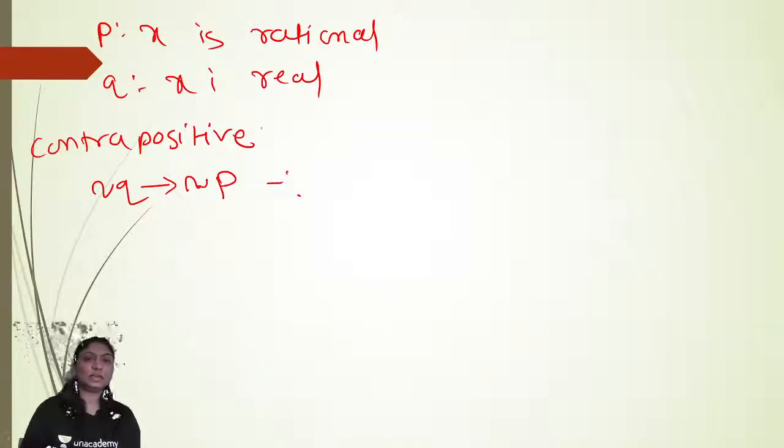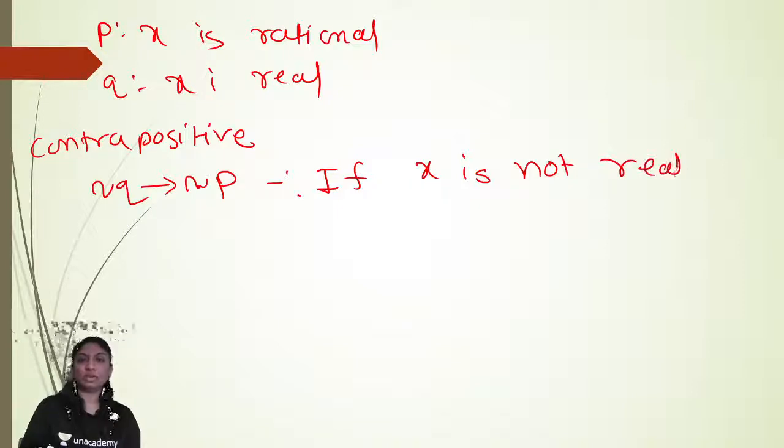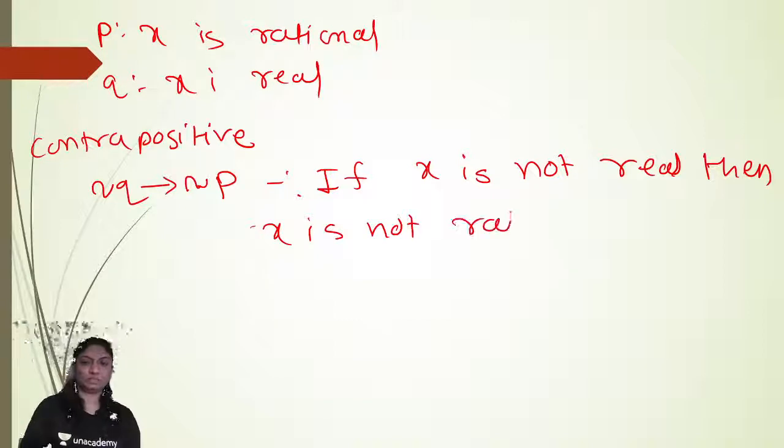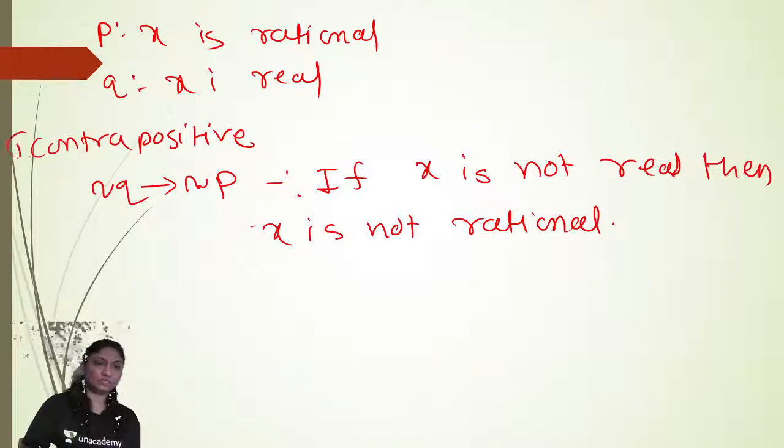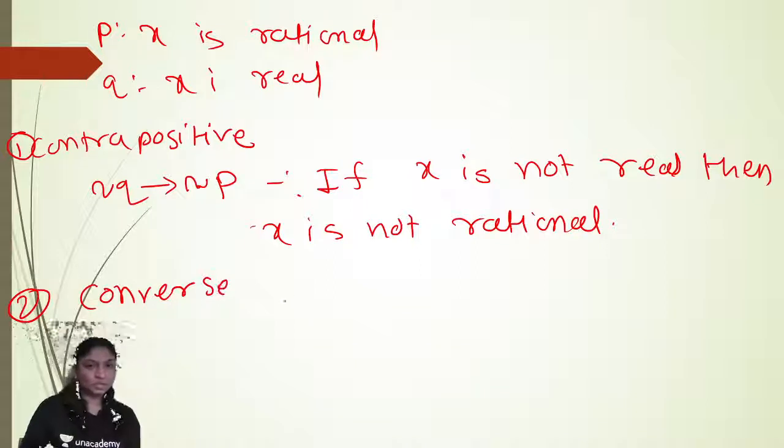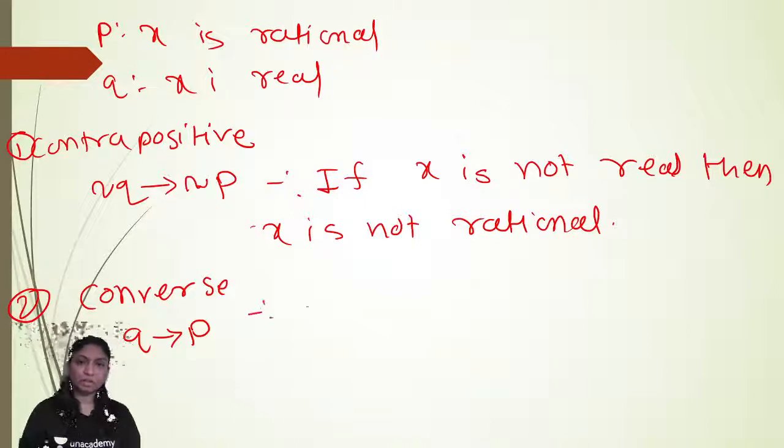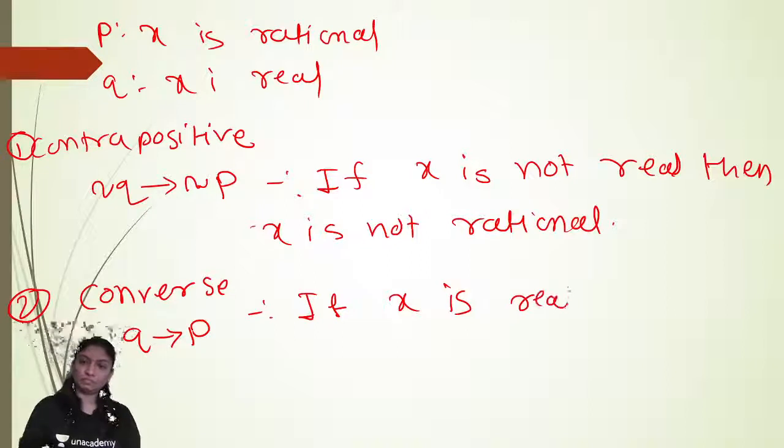So we can write the statement: if X is not real, then X is not rational. This is first. Second one, converse. Q implies P. So we can write Q implies P here. If X is real, then X is rational.